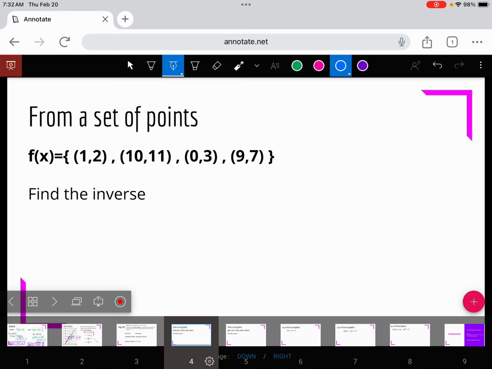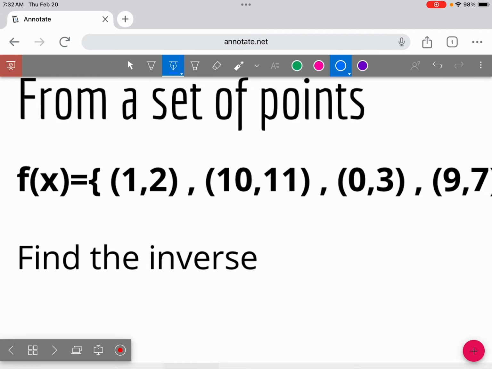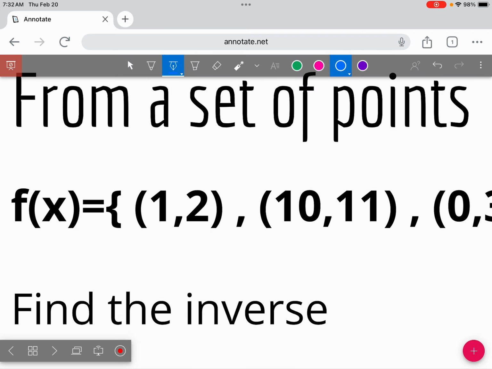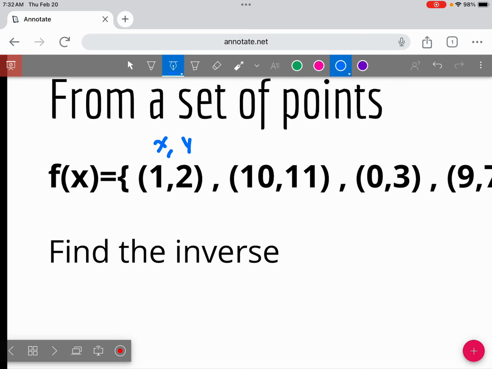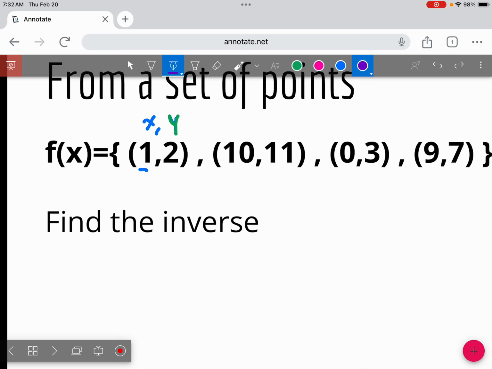So what we're going to do is look at every single one of these points and figure out which one's x and which one's y. In an ordered pair, it's not hard to figure out. We go x, then y, right? To create the inverse, we're going to write a point that is the inverse of this point.